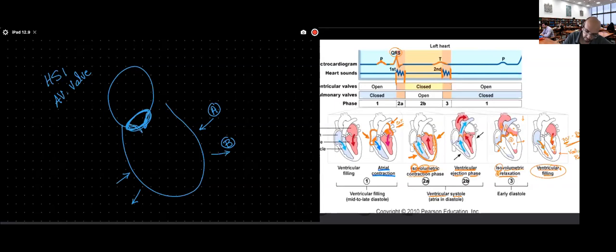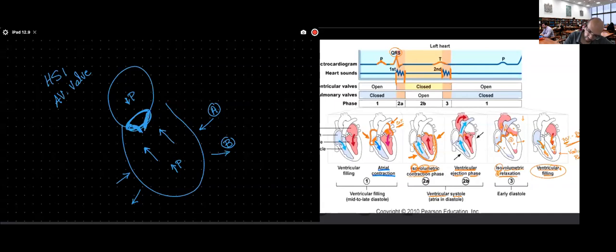You can answer this in two ways. Either you think the blood is going to be trying to move backwards. Here I have higher pressure, and because of the shape compared to the atrium, the ventricle has higher pressure than the atrium.